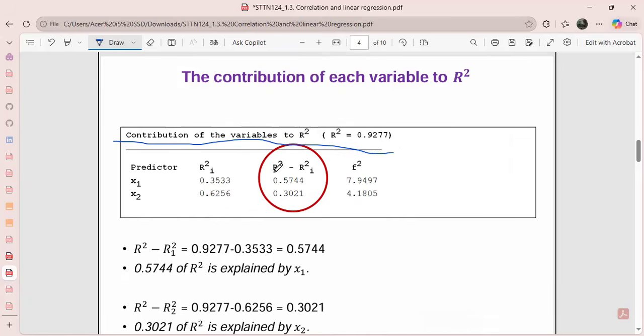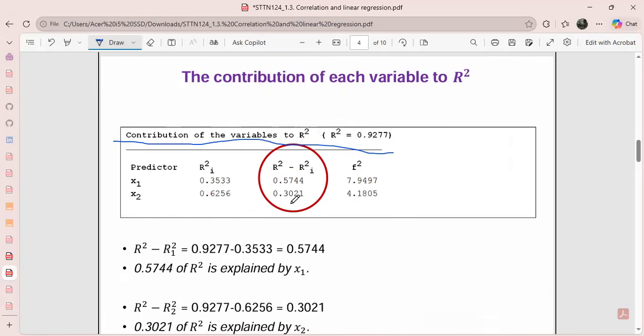Remember the part that I mentioned, R squared minus R squared i. Sometimes they will put a question mark here on 0.3021 and ask which variable contributes the most to R squared. You can't say that it's, for example, x1 without finding that unknown number under x2. You need to find that and compare those two numbers.